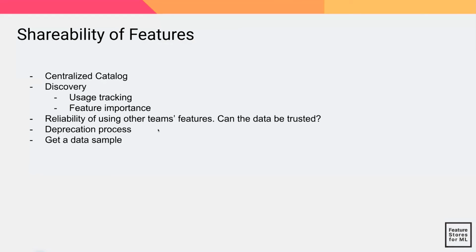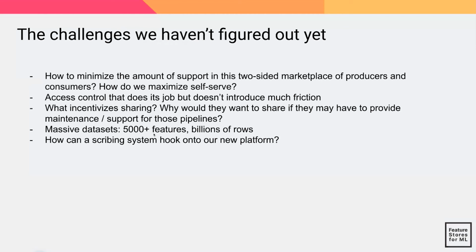Other factors: can the other team's features be relied on? We have to uphold a standard of excellence for all the data going through the feature store, deprecation process, etc. And here are some challenges we haven't figured out yet. I want to share this with all of you because I would love your thoughts on this. Feel free to ping me if you have any good thoughts.